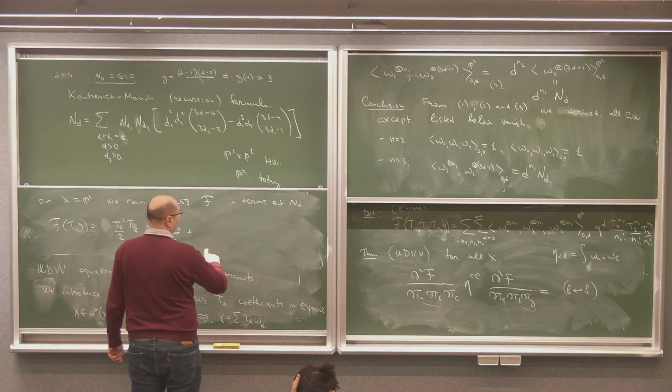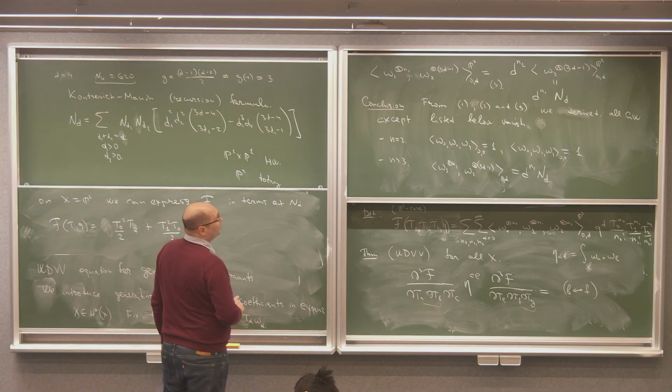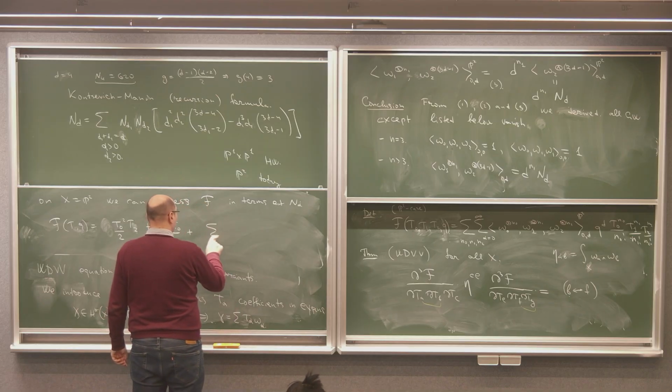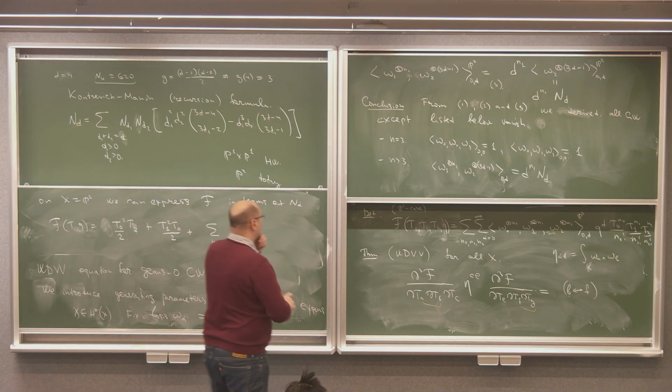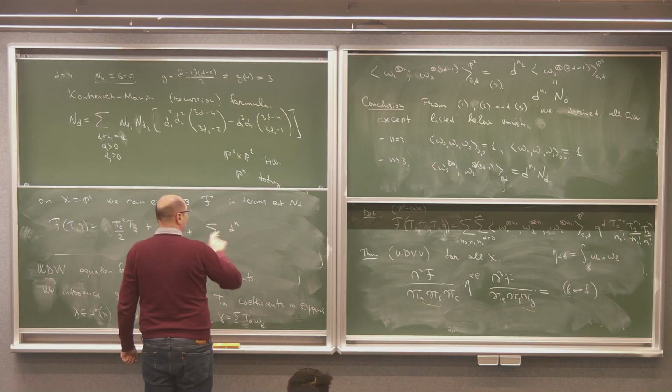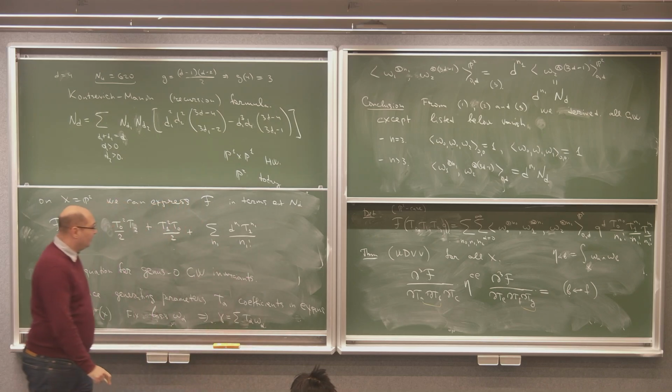we have invariants with n1 insertions, a sum over n1, and we have e to the power n1, t1 to the power n1, divided by n1 factorial.